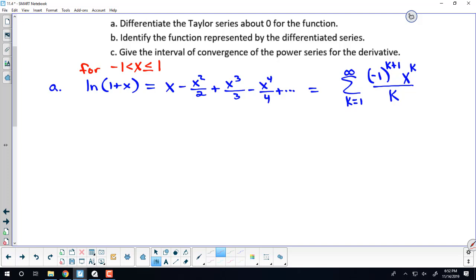All right, so for those x values, our natural log of 1 plus x is that series.